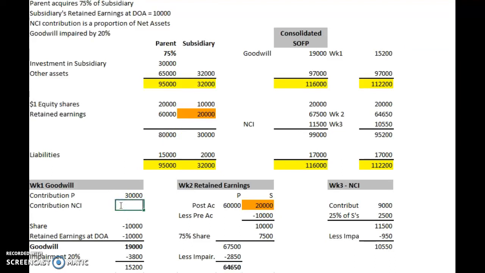So instead of being given a figure of 9,000, we have to calculate this, and it's 25% times the net assets.